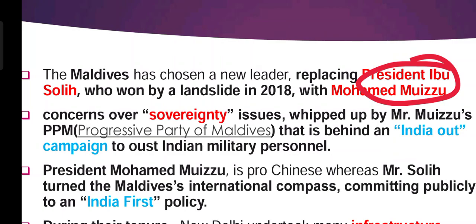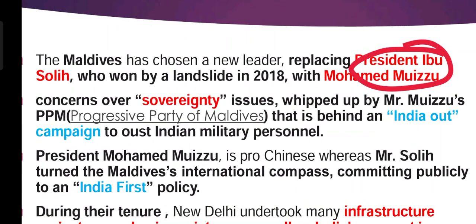Okay, and why was this campaign raised? Because of concerns over sovereignty issues, as highlighted, like the presence of Indian military personnel in Maldives may have a sovereignty issue. That was highlighted by Mr. Muizzu's party of that time, and the party name is Progressive Party of Maldives.